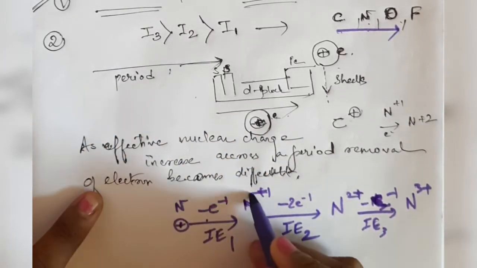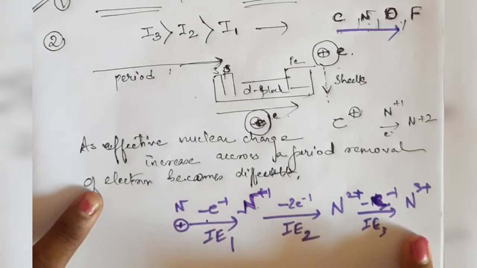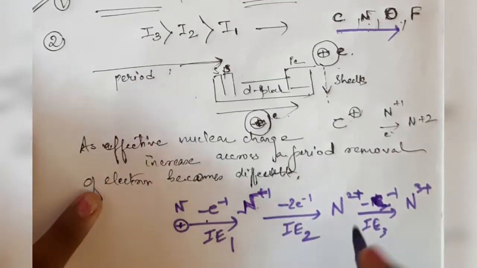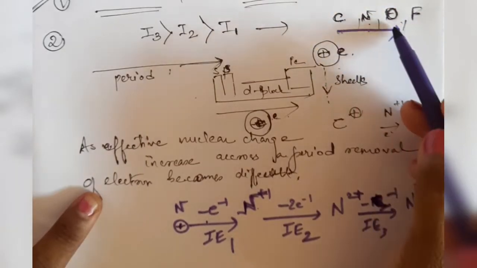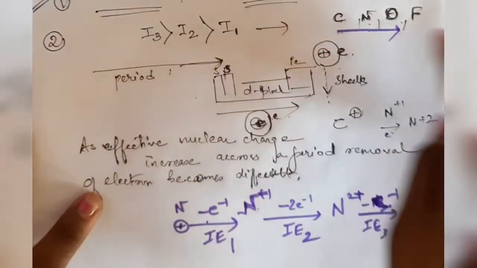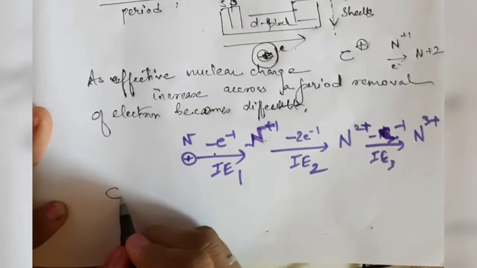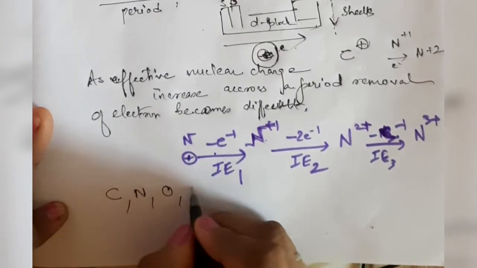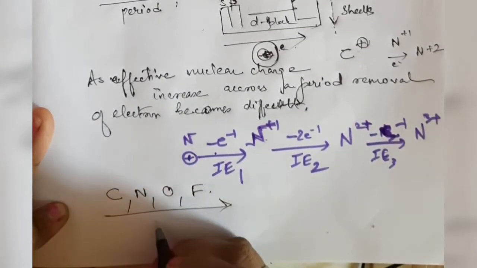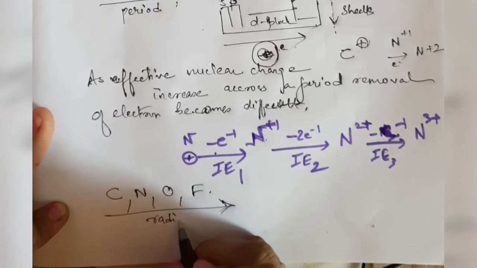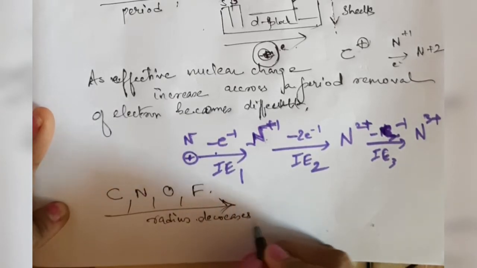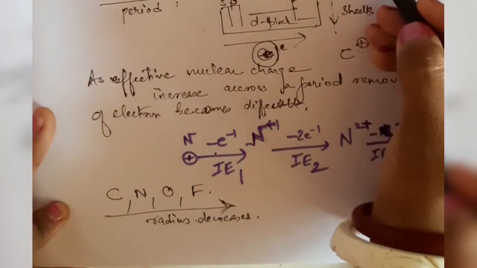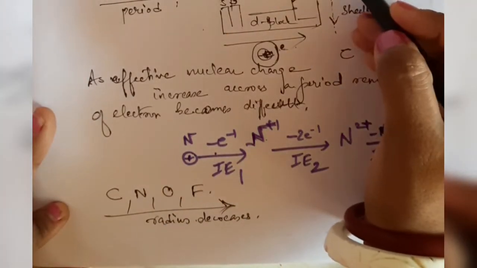Suppose I have taken the example of nitrogen. Now what happens if you consider different elements like carbon, nitrogen, oxygen, fluorine? Along this the radius decreases. Why does the radius decrease? Because you are adding an electron and a proton to the same subshell.